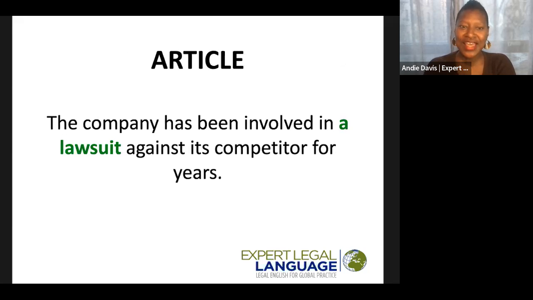Yes, we would. A lawsuit, but only litigation. And why is this? Well, a lawsuit in this case refers to a specific lawsuit. Litigation, by contrast, refers to the general abstraction of litigation. They mean the same thing, but a lawsuit takes an article, litigation does not. Something to keep in mind when you are drafting.